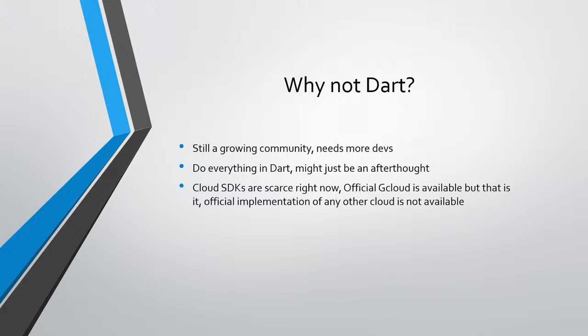And the third thing is that all of us these days work in cloud environments, and cloud SDKs are one of the things that we all rely on to connect to different things. As of right now, the official cloud SDK is only available for G Cloud. We do not have Azure, AWS or any other cloud SDK available as official ones.